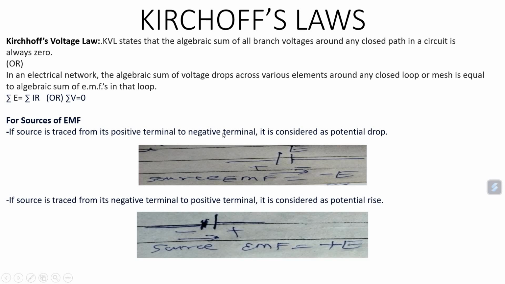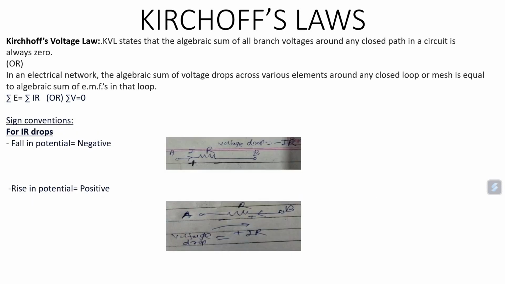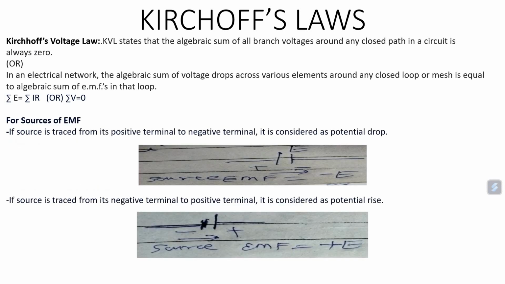For sources of EMF, the statement is: if source is traced from its positive to negative terminal, it can be considered as potential drop. And we know that the drop in potential or fall in potential is denoted by minus. So in this case, the source EMF is minus E because we are going from plus to minus.